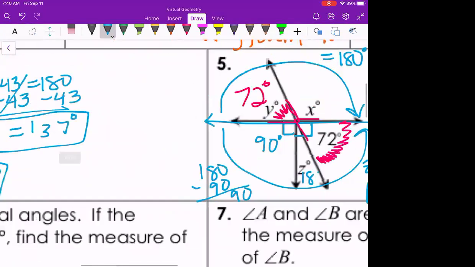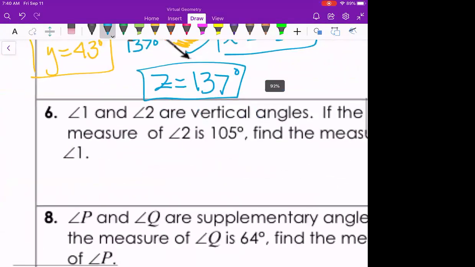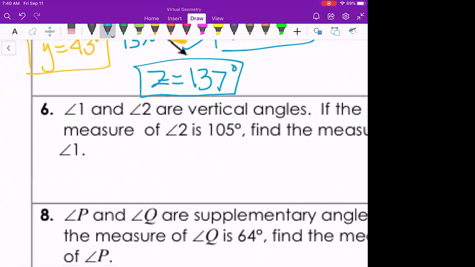All right, so let's try a few more now that don't necessarily have pictures, but they're giving us descriptions. All right, so we have the measure of 1 and 2 are vertical. So right now that means that the measure of angle 1 is going to be congruent to the measure of angle 2.